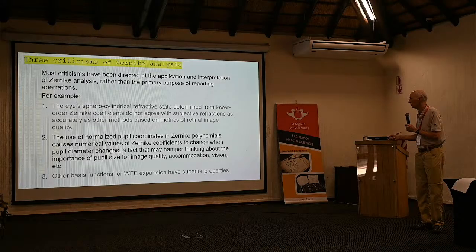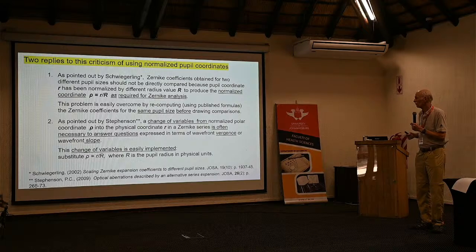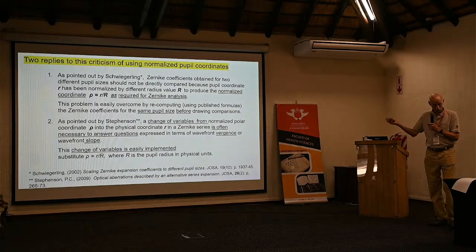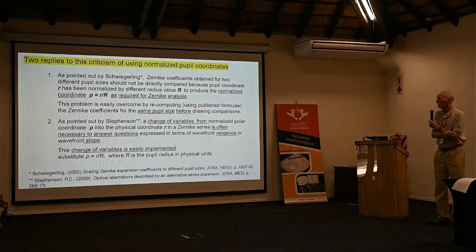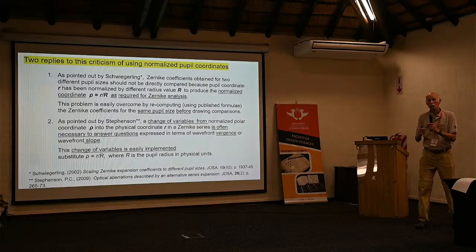So let me give you a couple of possible replies to this criticism. One is that one of the people on our committee, Jim Schwiegerling, pointed out a long time ago that Zernike coefficients obtained for different pupil sizes cannot be directly compared. So if you have a 3 millimeter pupil or a 6 millimeter pupil, and you have these two sets of Zernike coefficients associated with those two pupil sizes, you cannot compare them directly.